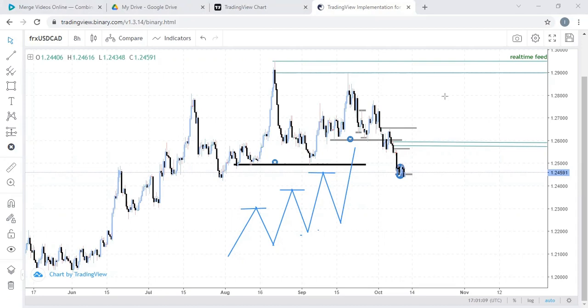If you're looking at the 5 minute, the 15 minute, or the 1 hour, you are wasting your time because you are removing the bigger picture, the bigger perspective of the market, which is from the 4 hour to the daily, the weekly, right down to the monthly. Those time frames are more important than the smaller time frames. The smaller time frames are just used for entries.